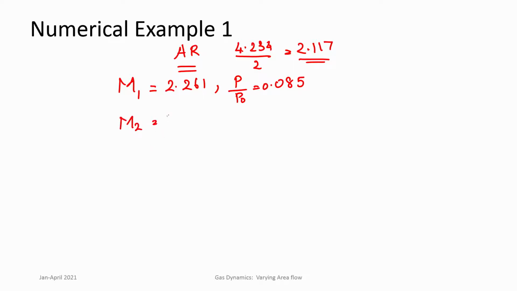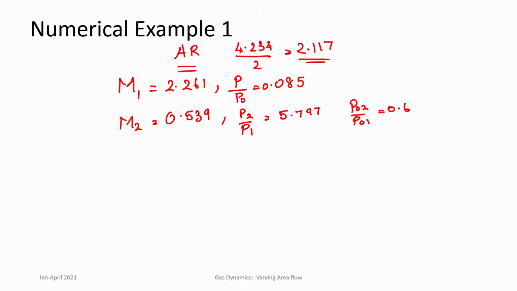M2 after the shock is 0.539, and P2 by P1 is 5.797, and you can also get P02 by P01 which is 0.6. All these are available in normal shock tables.